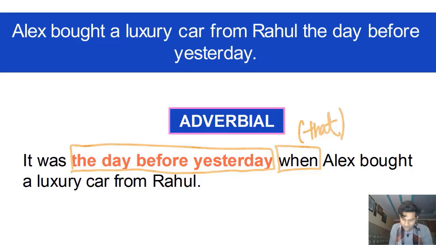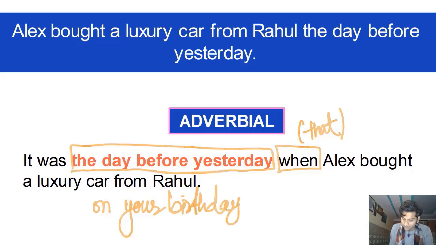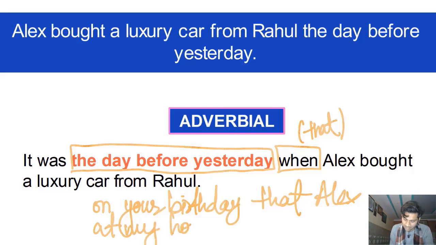For example, it was on your birthday that Alex did this action, right? If you want to focus on the place of the action, you can say it was at my house. It was at my house that he did something, right?